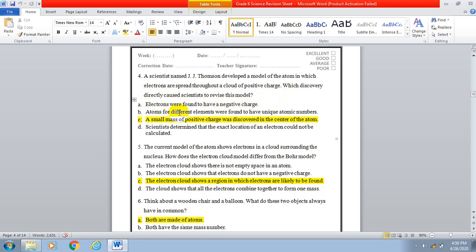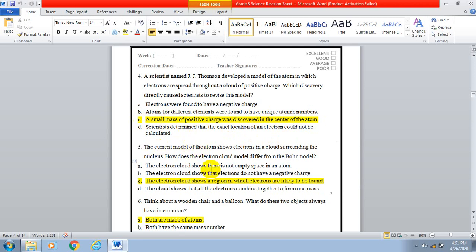B. Atoms of different elements were found to have unique atomic numbers. No. C, which is the correct one: a small mass of positive charge was discovered in the center of the atom. Number D. Scientists determined that the exact location of an electron could not be calculated. C option is the correct one, okay?